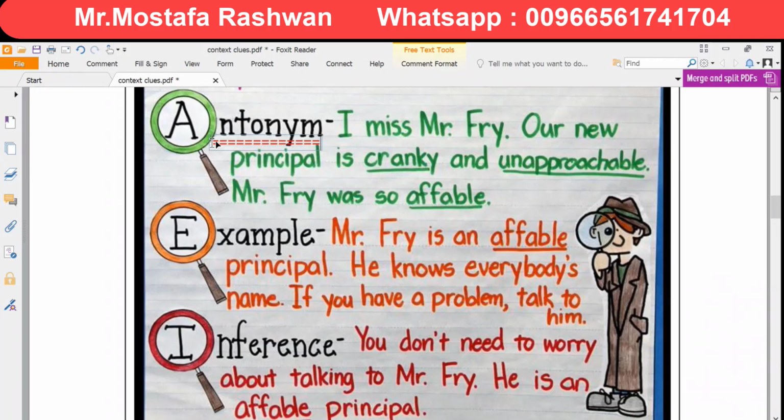A word that has the opposite meaning. Exactly. Antonym is the opposite of a word. And I gave you some examples like big and small. Big is the antonym of small. It means the opposite meaning.